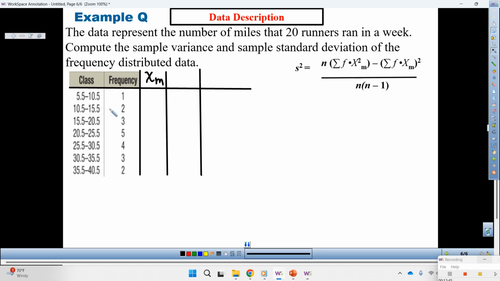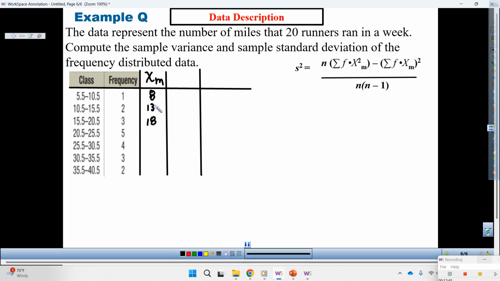All right, calculators, calculate. 5.5 plus 10.5 divided by 2, that is 8. Thank you. 10.5 plus 15.5 divided by 2, that is 13. 15.5 plus 20.5 divided by 2, 18.